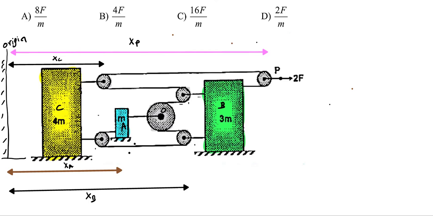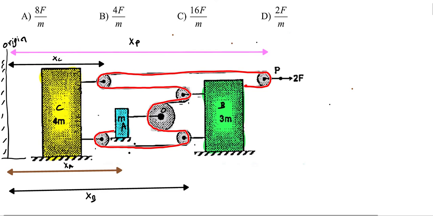Now we have to find the constraint equation. The overall length of the string, the total length of the string, will remain constant.